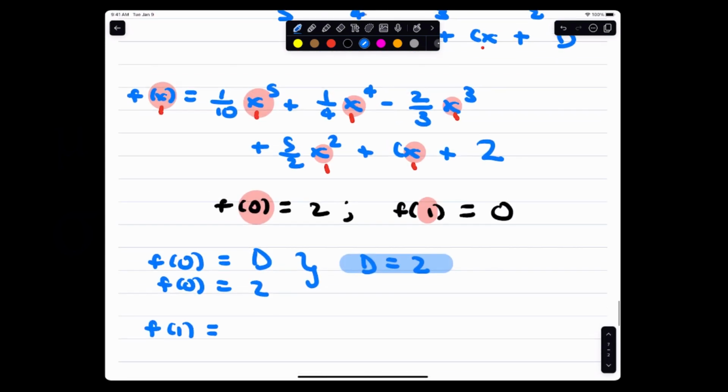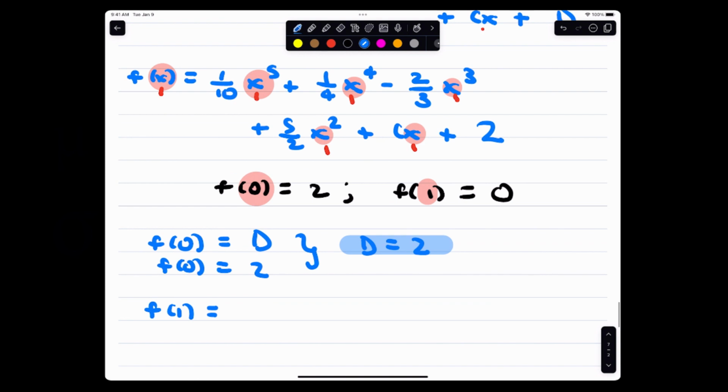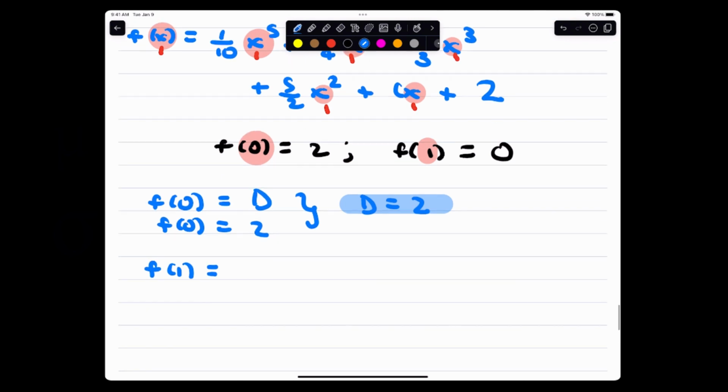F of 1 is going to give you what? You know what's nice about 1? 1 to the 5th is 1. 1 to the 4th is 1. 1 cubed is 1. 1 squared is 1. When x is 1, that's just 1. So here's what you get.